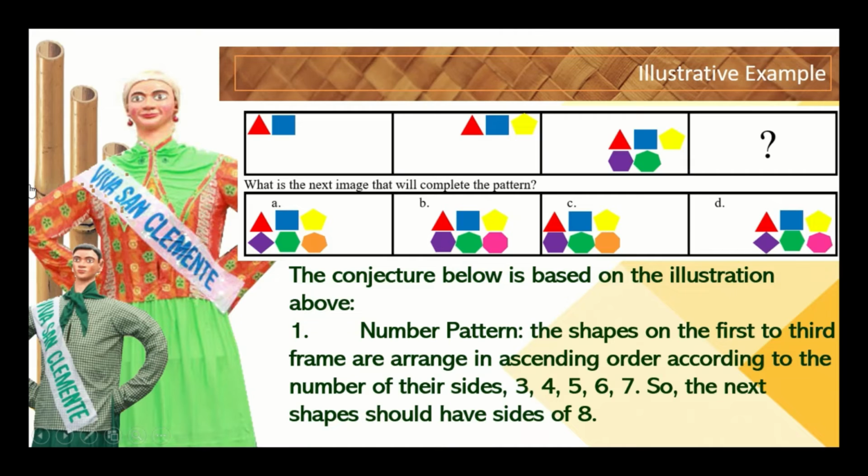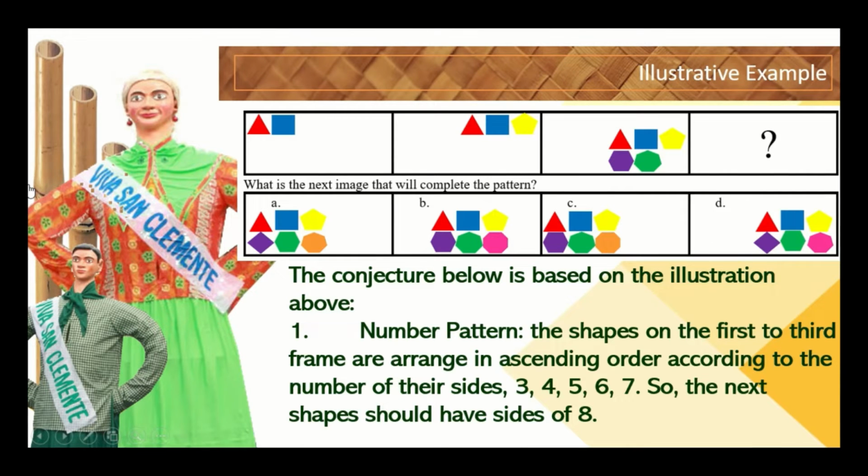The shapes on the first to third frame are arranged in ascending order according to the number of their sides. 3, which is a triangle, 4, which is a square, 5, the pentagon, and 6, 7. So the next shape should have 8 sides, which is an octagon.